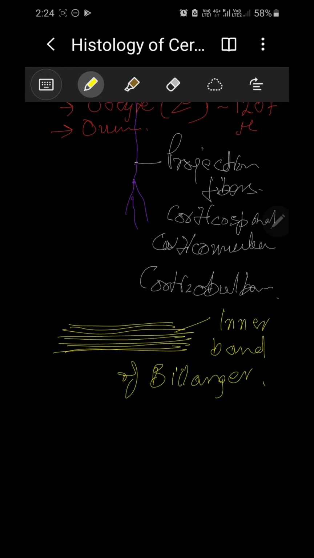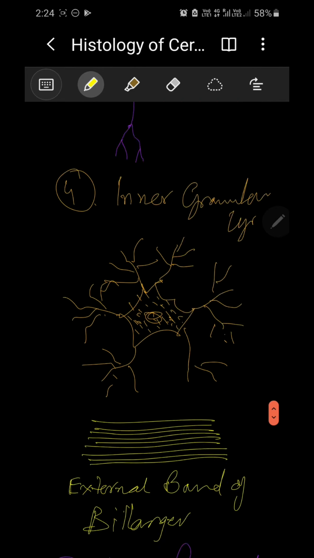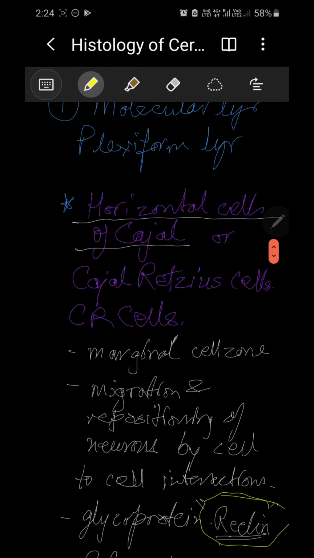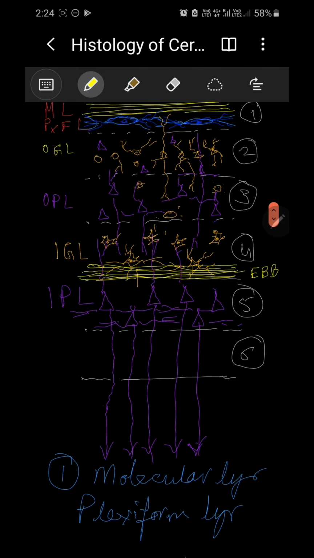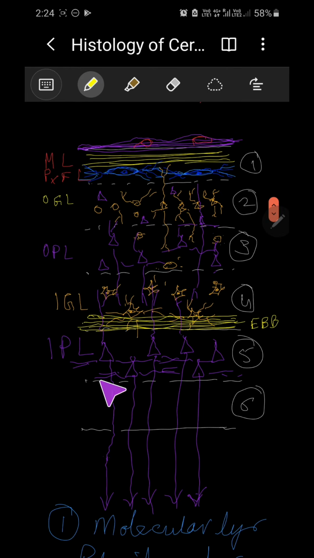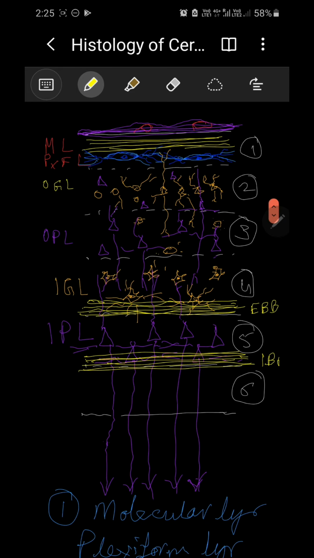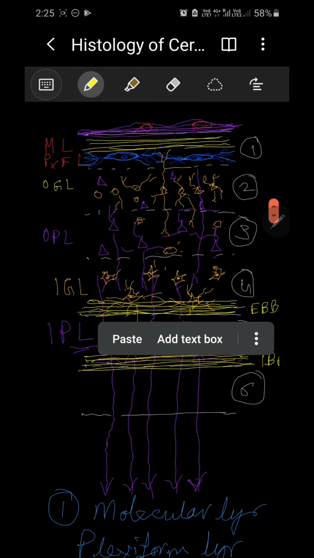This again is a horizontal band running in the fifth layer. So you have two bands of Baillarger if it's asked. Remember, external band and internal band. The internal band of Baillarger will be in the deeper portion of this fifth layer.